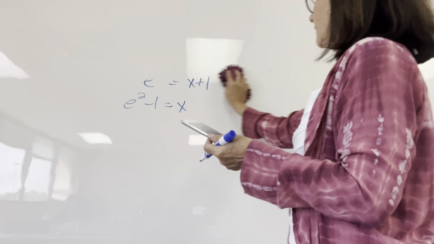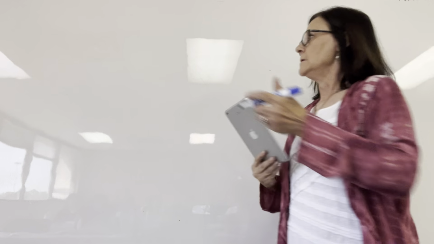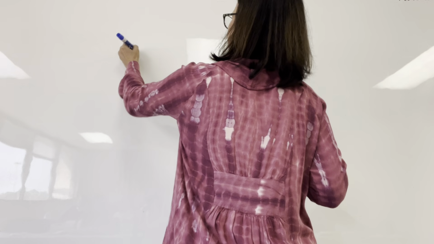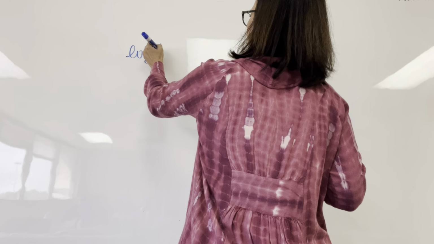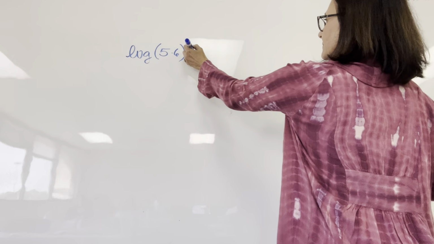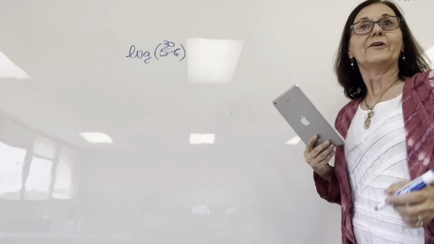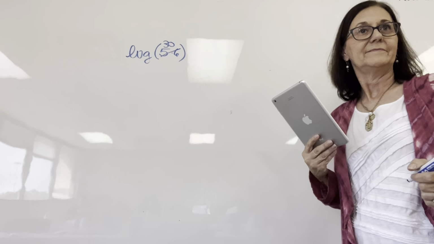Okay, so I want to show you something else. Guys, the log of 5 times 6, I'm going to say 30. You know, 30 is 5 times 6, right? Correct.